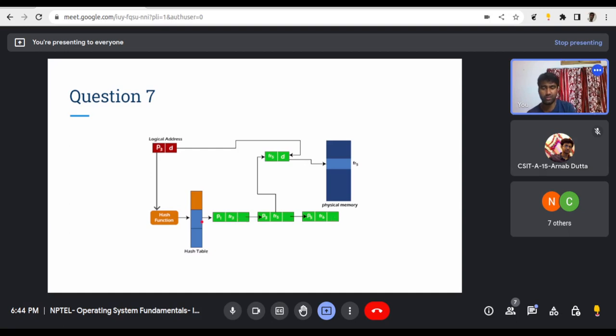Collisions are when a hash function maps multiple pages into a single entry of the hashed page table. So as you can see, if I require the physical address for this logical address, the entry corresponding to P3 is picked up, the frame number is obtained, and then we can obtain the physical address.